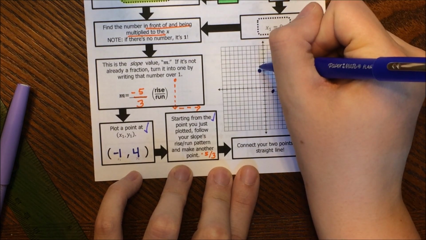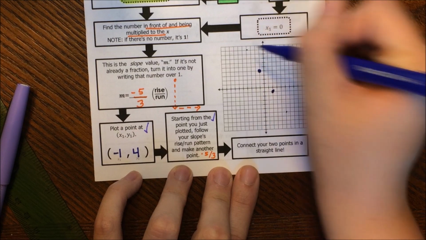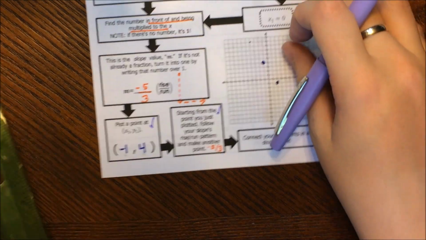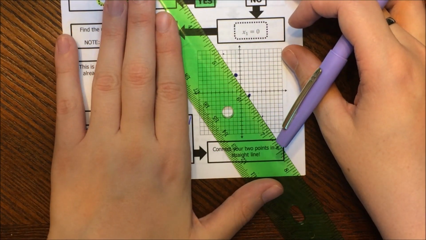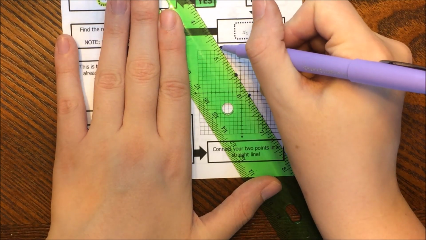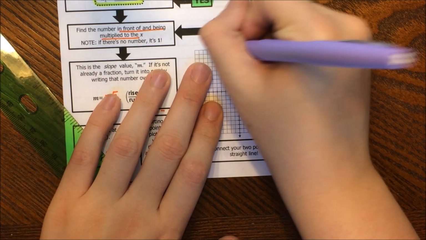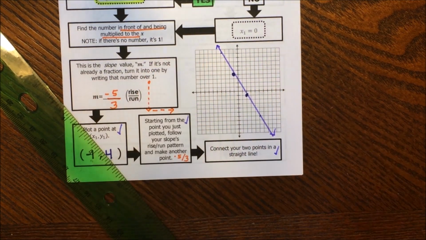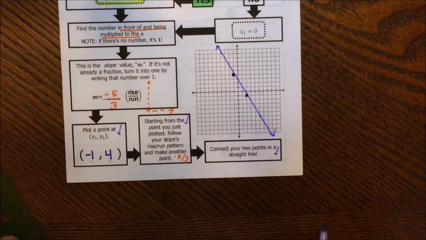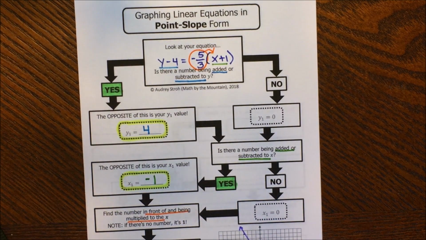I can reverse it and go up 1, 2, 3, 4, 5, and then back 1, 2, 3. So at this point, I have enough points that I should be able to angle my ruler very precisely and get a crisp line. So there you have it. We have a nicely plotted line that represents the point slope equation that we were given.